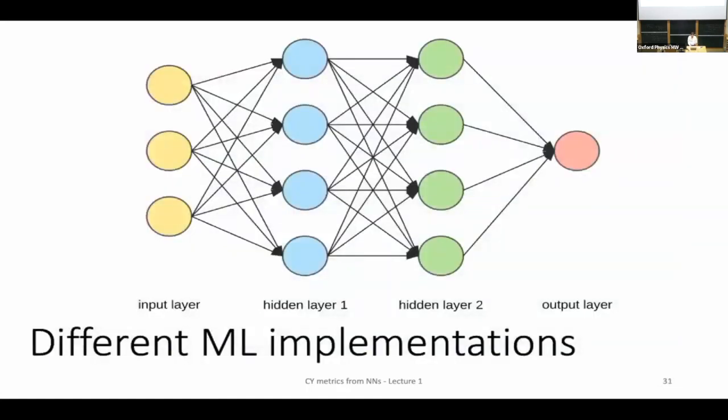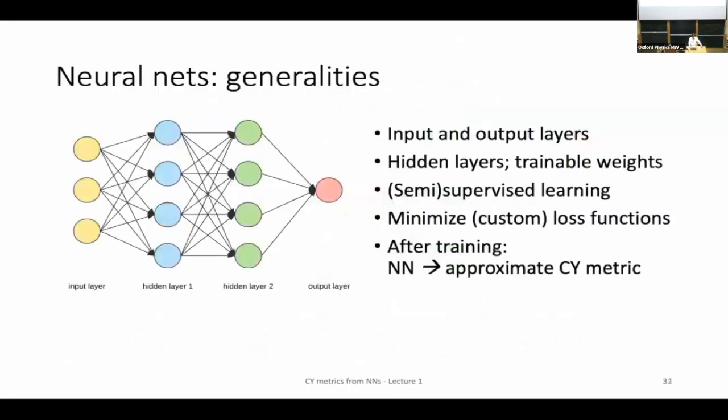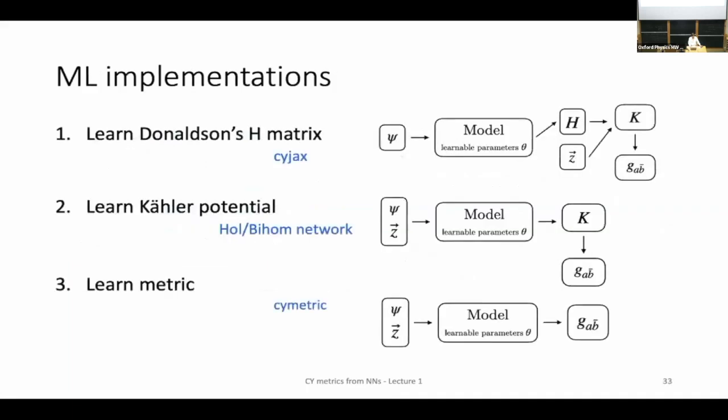Okay. So, those are the generalities. Now we can look a bit more into what people have actually done. The neural nets, as I already said, have these different layers. We're training them using the standard routines, and then checking with these different measures at the end. These three different implementations correspond to three different choices for what you want to learn.